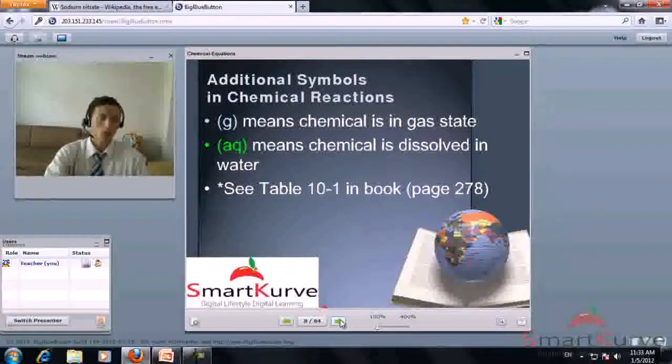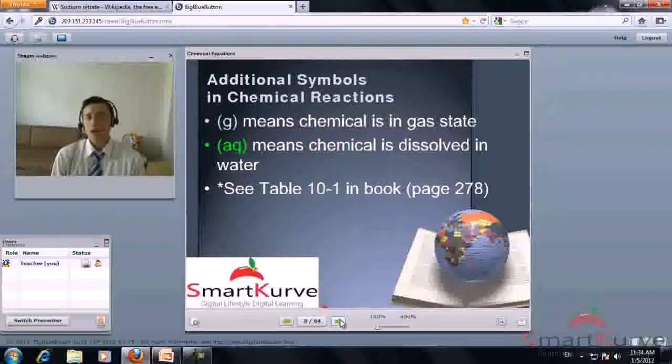And that continues on the next slide, number 8. We have the symbol G, meaning a gas, like when water becomes steam. The AQ means the chemical is dissolved in water.